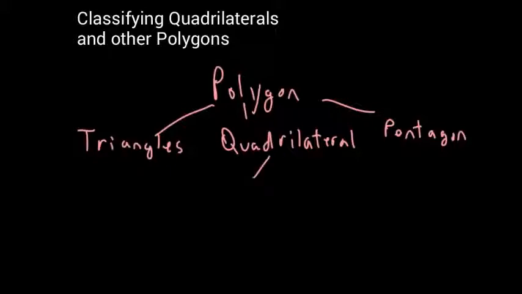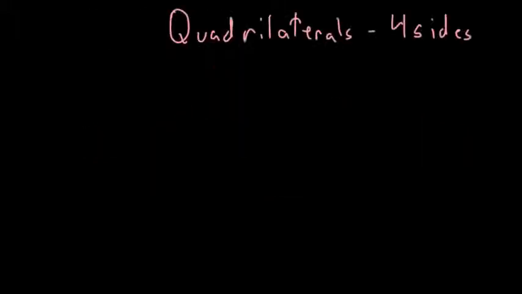You have two distinct things, and I'll create another page for just quadrilaterals so I have some room. Alright, so got some more room here. Quadrilaterals, they have four sides, and it branches down into two distinct categories here. First we have the trapezoid.